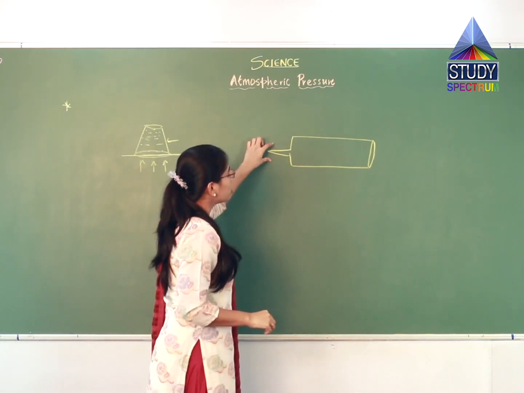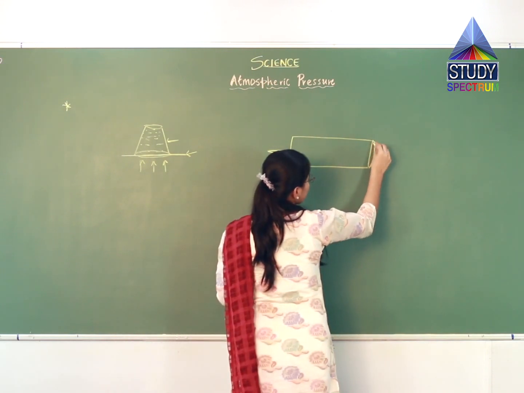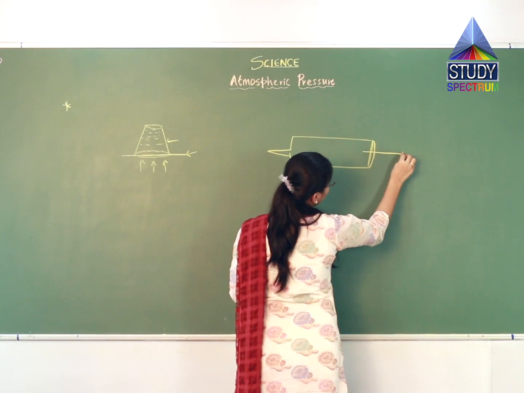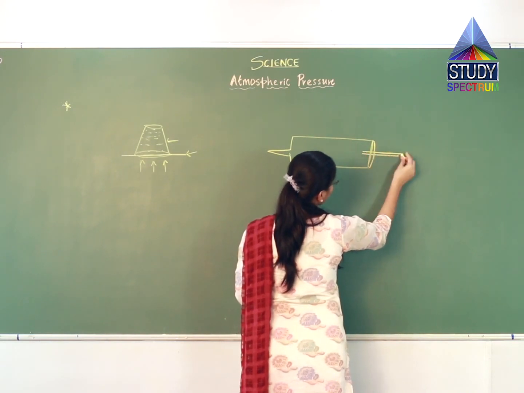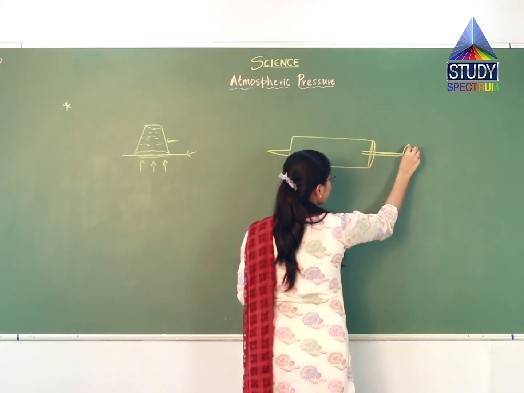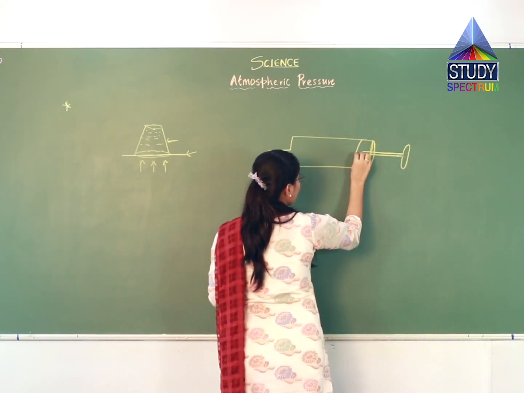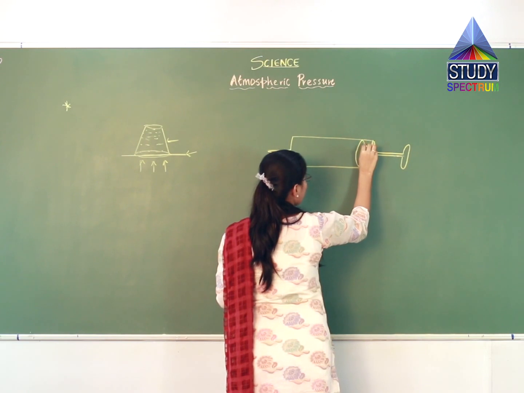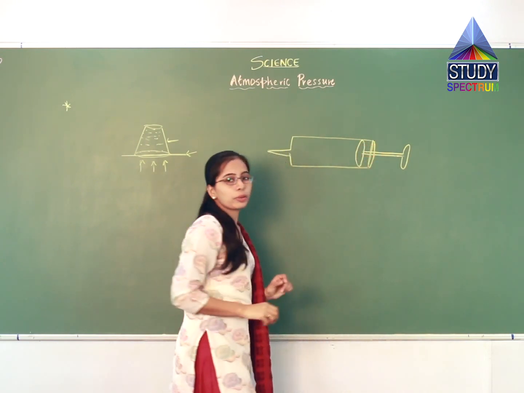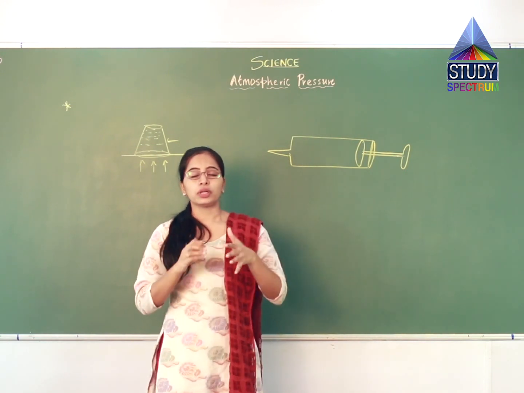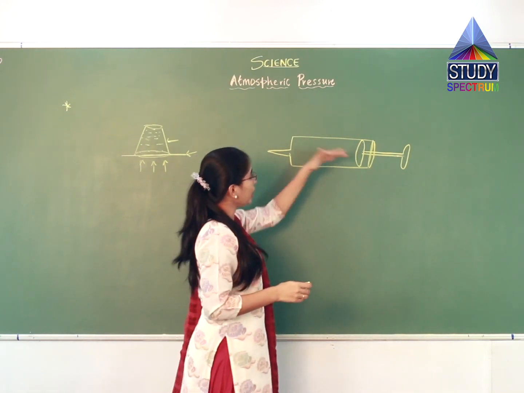Here is the mouth, and at the other end you have one hole, and through that hole you have this kind of structure. This kind of structure in science is known as a piston. Now how does the color of Holi come inside this?